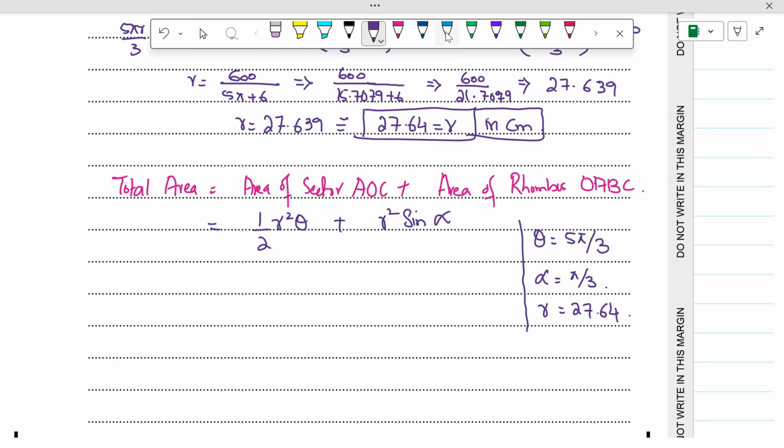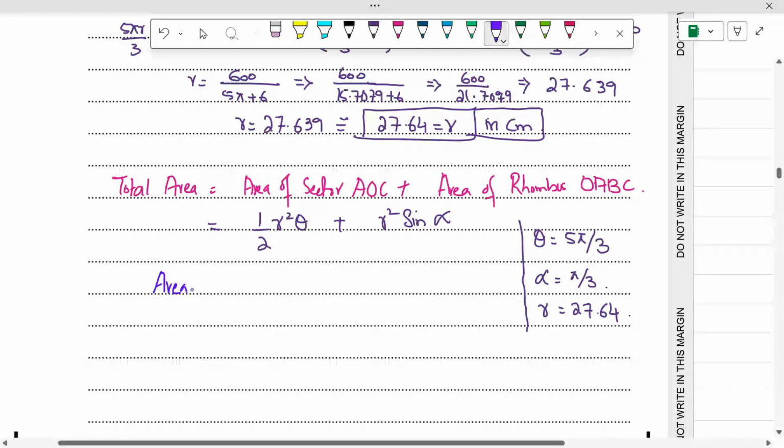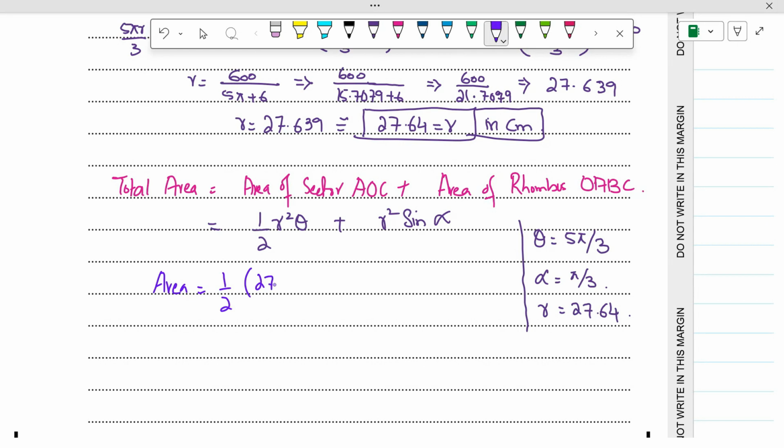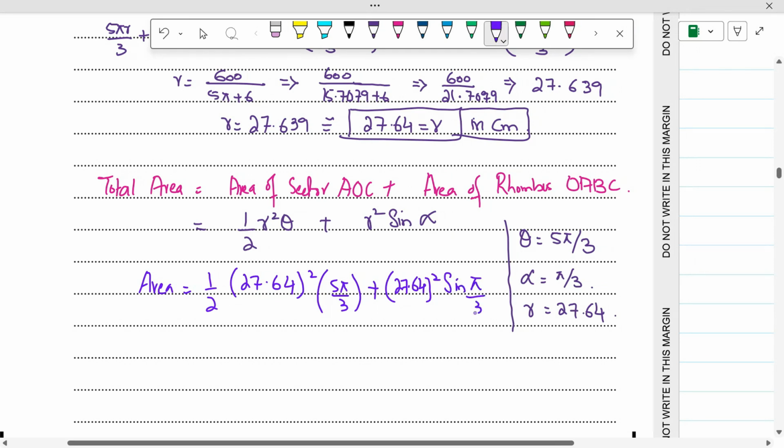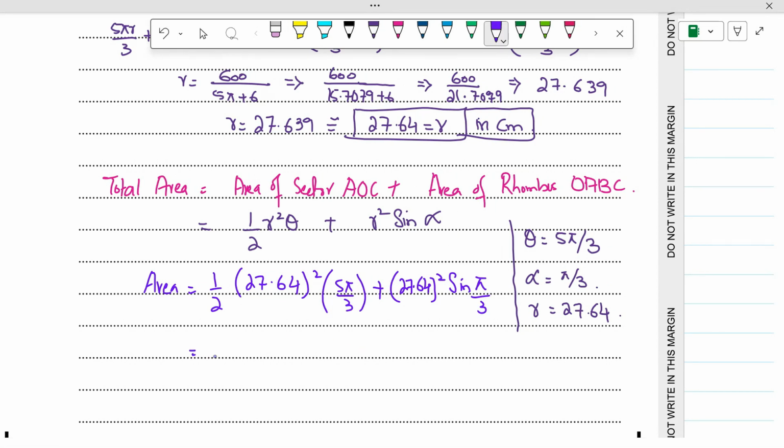Plugging in these values, the total area is equal to 1 over 2 times 27.64 squared times 5 pi over 3, plus 27.64 squared times sine of pi by 3. 27.64 squared is 763.94, so 763.94 over 2 times 5 pi by 3, plus 763.94 times 0.866.